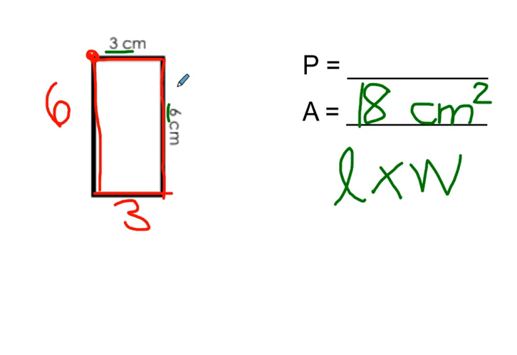So when I add up my numbers, I have 3 plus 6, which makes 9, 10, 11, 12, and 18. So my perimeter is 18 centimeters, not centimeters squared because we're not measuring area. Isn't that interesting though that both came out to 18? We'll have to investigate that again.